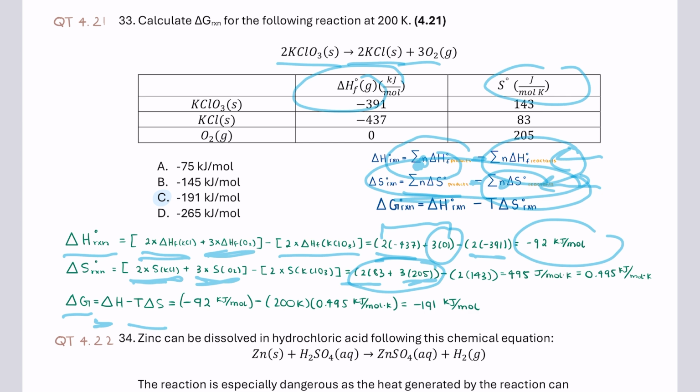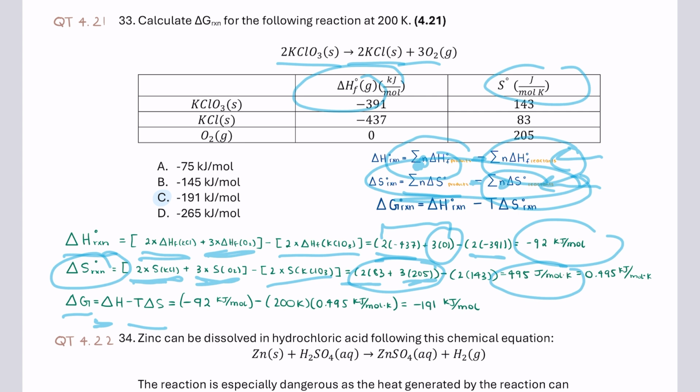We have for our reactants 2 moles of potassium chlorate solid, and its standard molar entropy is 143 joules per mole Kelvin. So we multiply that by 2 to get 286 joules per Kelvin. So delta S of the reaction is going to be 781 minus 286, which gives us 495 joules per Kelvin.